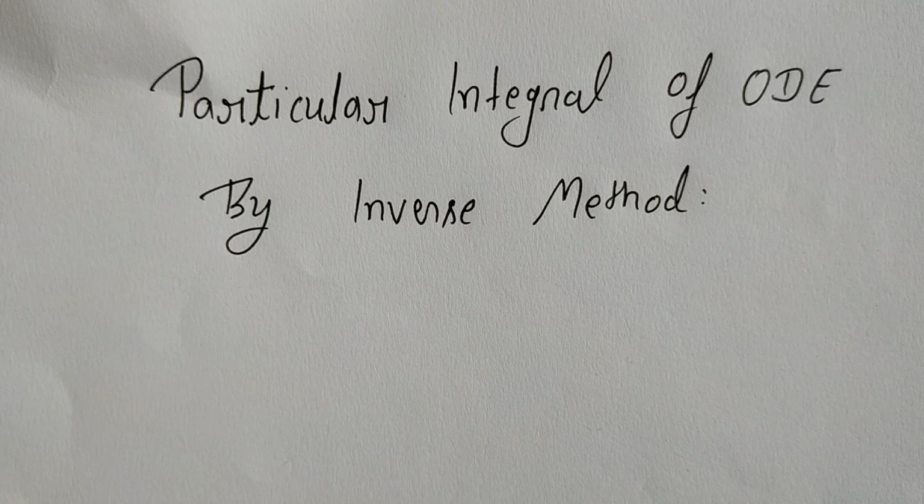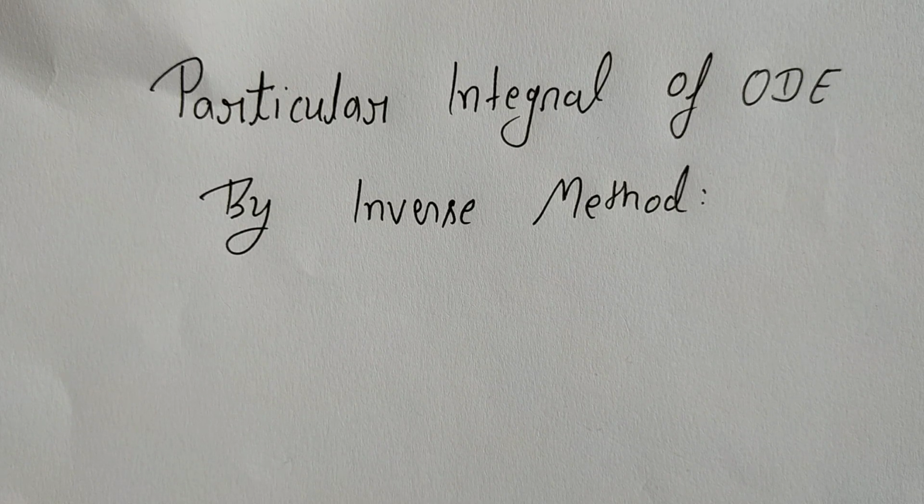Hello friends, in this video I am going to explain how to find the particular integral of an ordinary differential equation by the inverse method. In the last two videos I explained how to find the particular integral using variation of parameters and the method of undetermined coefficients.